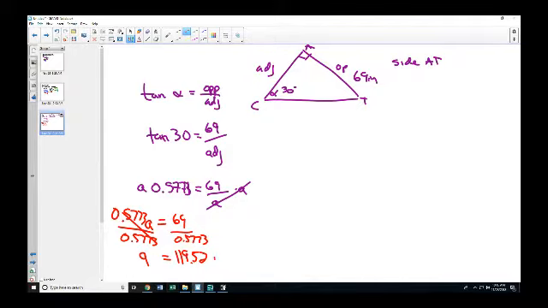If you are asked to include units, we will be in meters. Okay. So those are sine, cosine, tangent calculations. Okay, we get this.